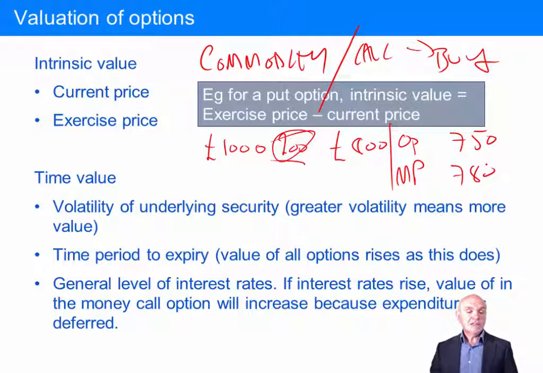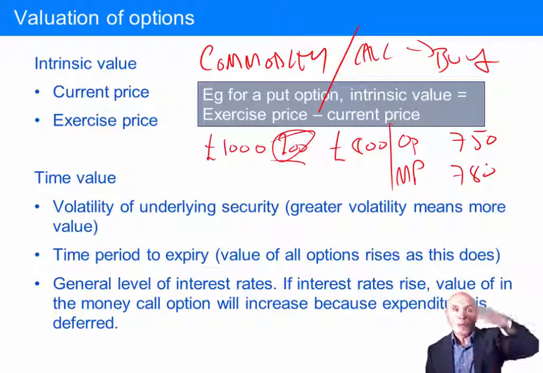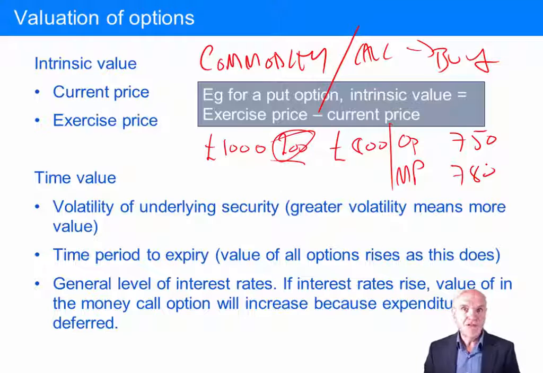The second element which adds to the value of options is as follows, and again think of insurance companies here. The time value. The volatility of the underlying security. So if you have a security which is whizzing up and down wildly, it's exposing you to great risk. Okay, and can you see it almost intuitively that if you're exposed to this very kind of volatile risk here, then buying an option to insure yourself is worth something.